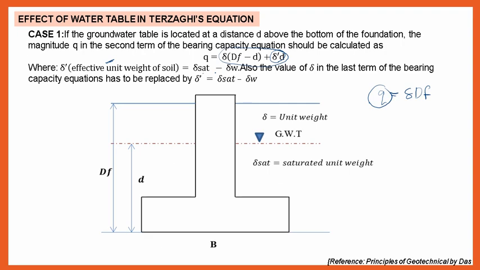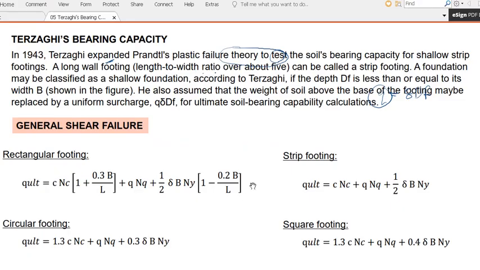Looking at the last term, instead of gamma times dF, we replace it with gamma times (dF minus D) plus gamma prime times D.